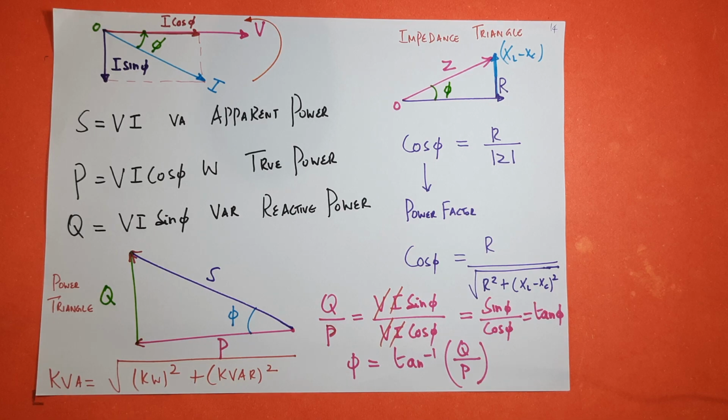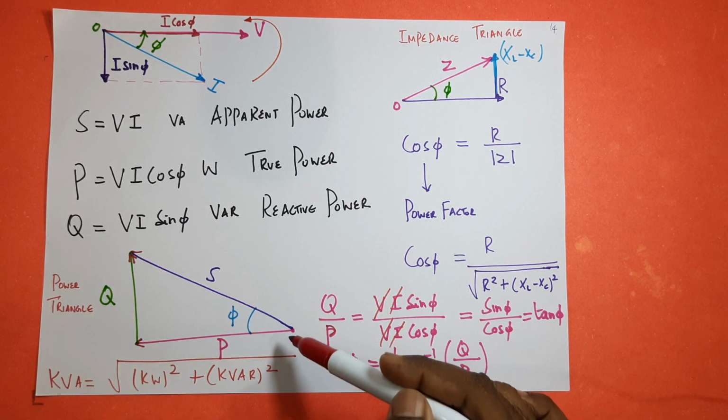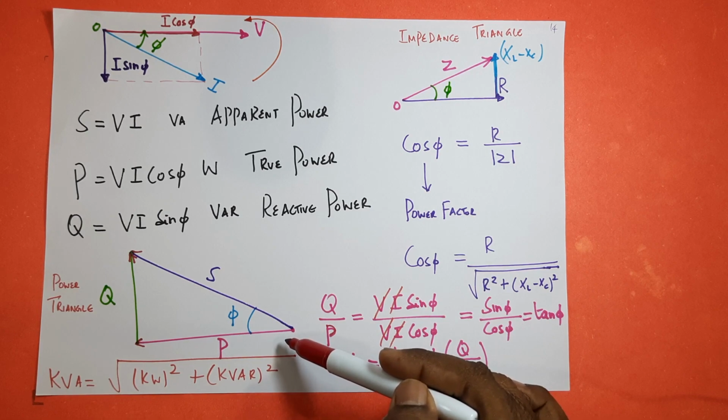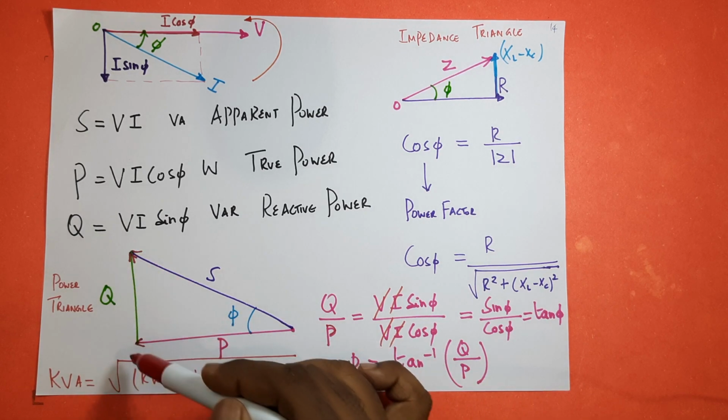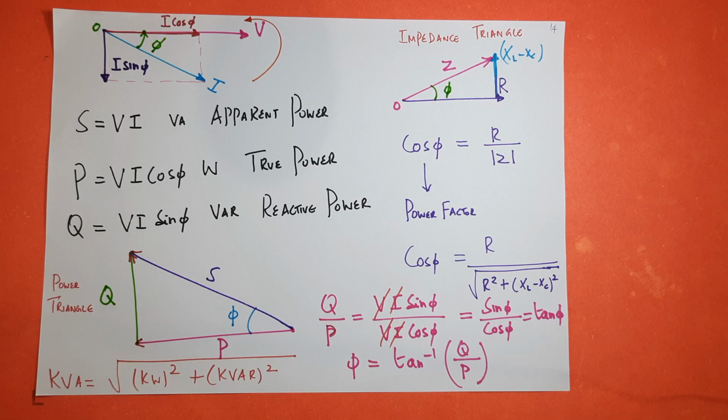It may be kilovolt ampere, kVA. It may be kilowatts. This may be kVAR. Now this S is nothing but Pythagoras theorem. This is the phasor addition.